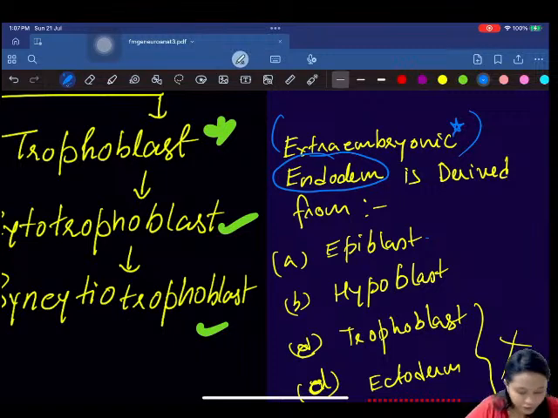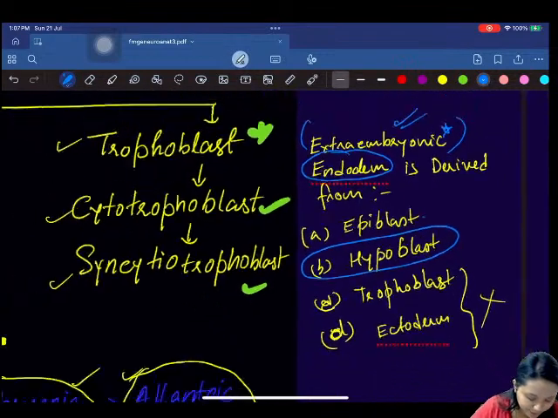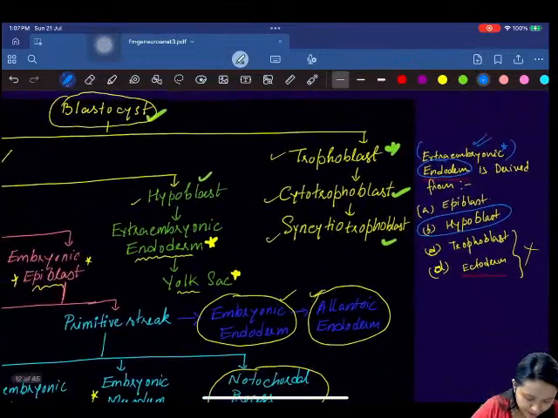The answer here will be hypoblast, because they are asking about the extra embryonic endoderm. This is also a question asked in NEET PG. So extra embryonic endoderm is derived from the hypoblast.